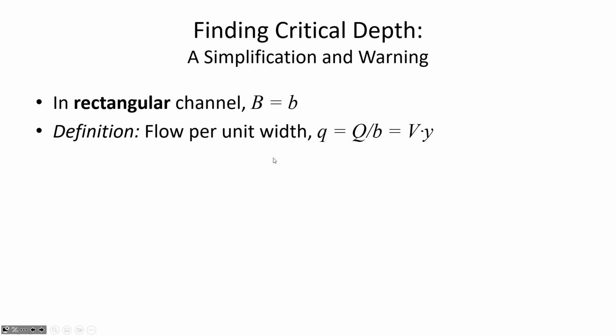So flow per unit width only applies if you've got a rectangular channel. If you have a trapezoidal channel, then it doesn't make sense to describe the flow per unit width because the edges have a varying depth. So this notion of lowercase q for the flow per unit width, only estimate that for a rectangular channel and not for a trapezoidal.